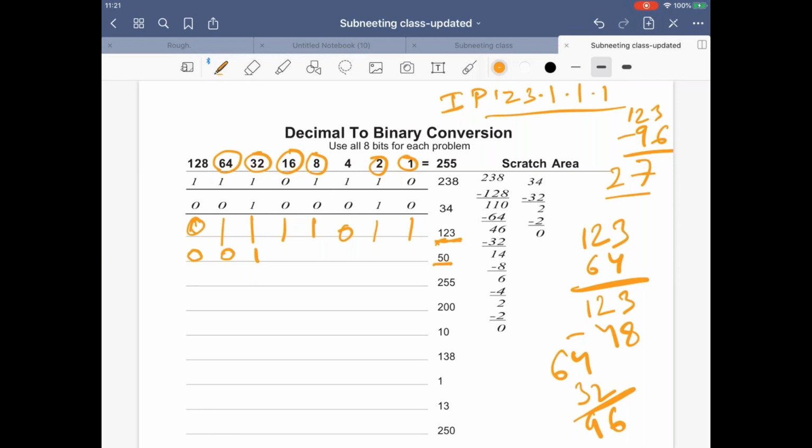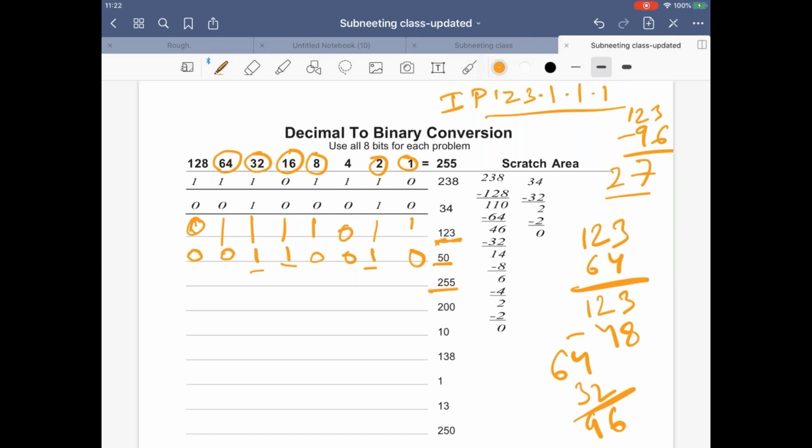So to get 18, we can put 1 here for 16, and we can put 1 here to get 2. 16 plus 2, 18, right? And the remaining part will be 0. 18 plus 32, this is 50.